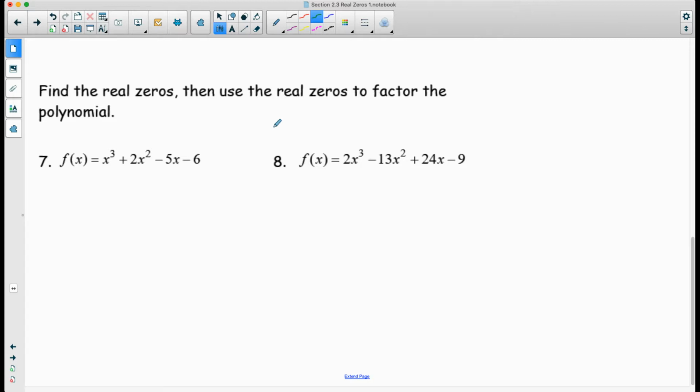Go ahead, and if you do not have a graphing calculator, go ahead and grab one. Okay, so in y equals, go ahead and type in that first equation.